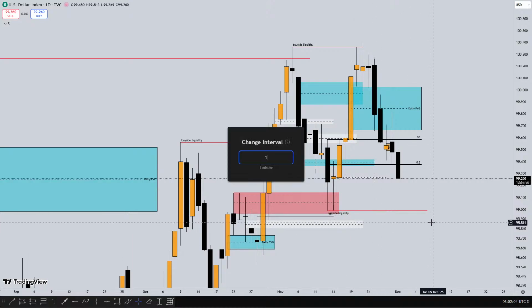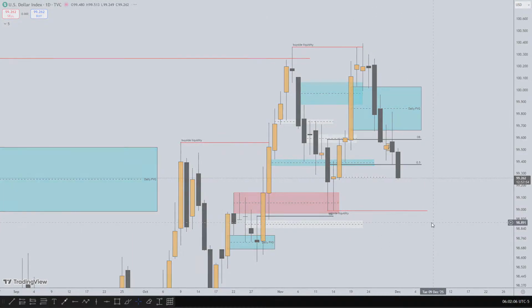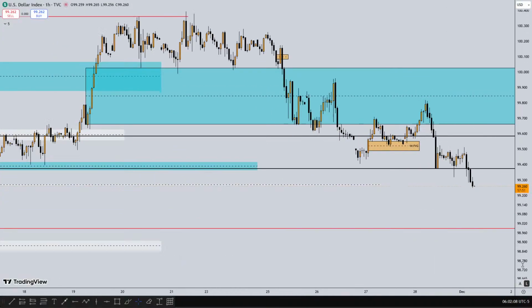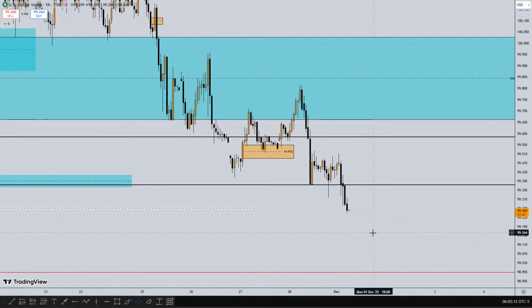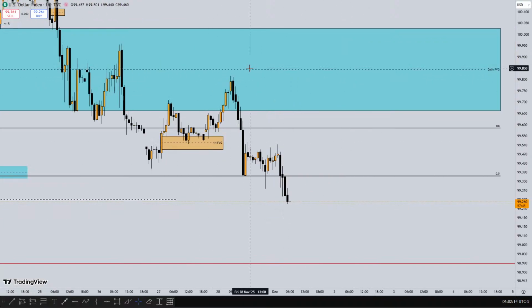And on the 1 hour time frame, on the live top-down analysis trade review I posted, I talked about price using this daily fair value gap as an inversion fair value gap to trade to the mid range, that I will be looking for those intraday setups for price to trade lower.